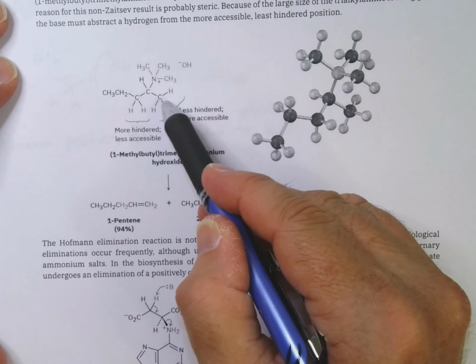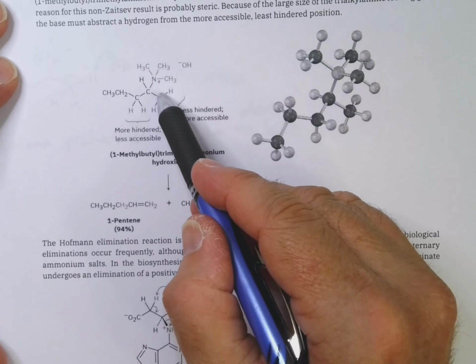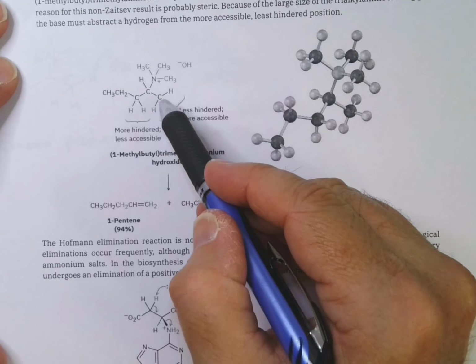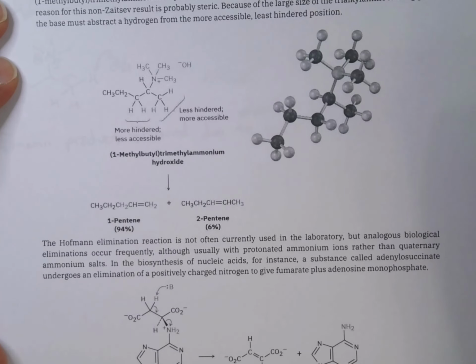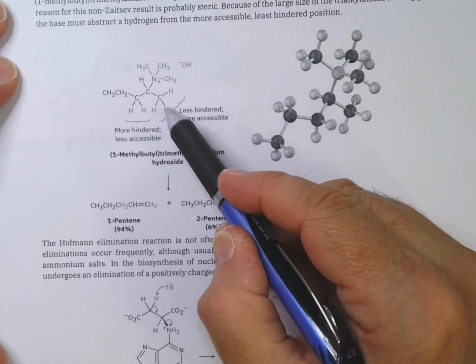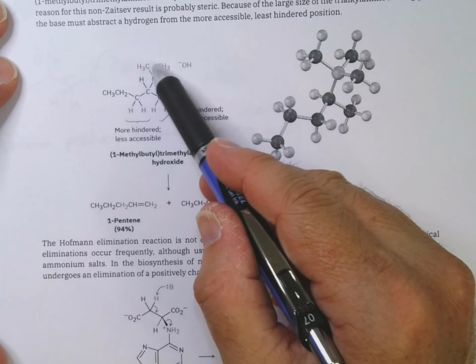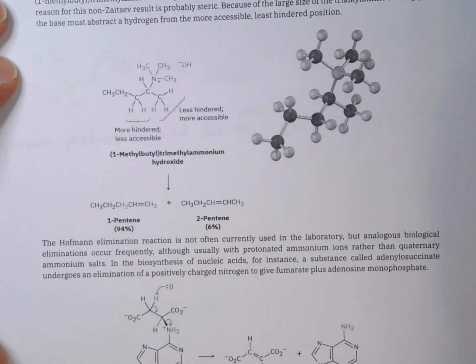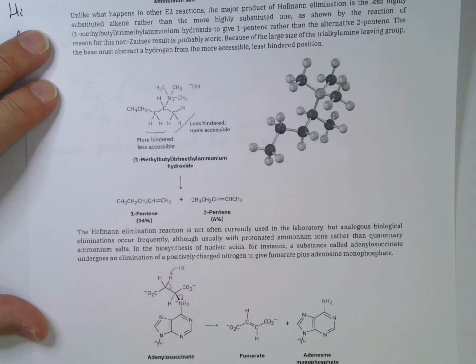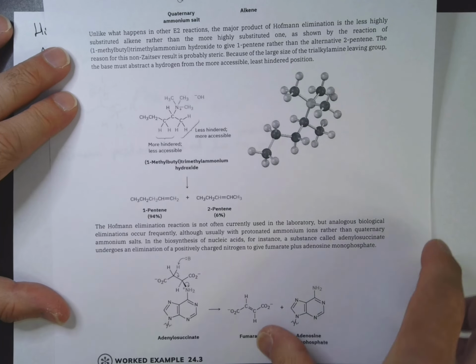Whereas these hydrogens over here, it's a lot easier to adopt a conformation with an anti-coplanar hydrogen. So they're basically more accessible, and it's actually because of the bulk of the leaving group, not the base. I thought that was kind of interesting. That explains our Hofmann elimination here.